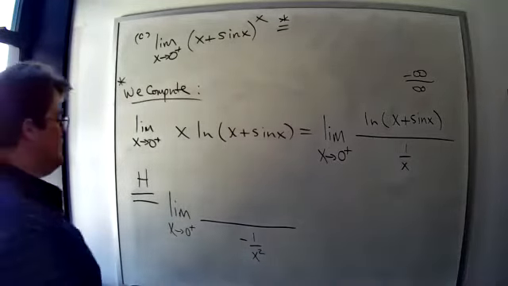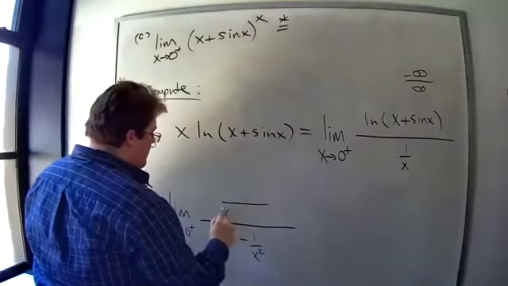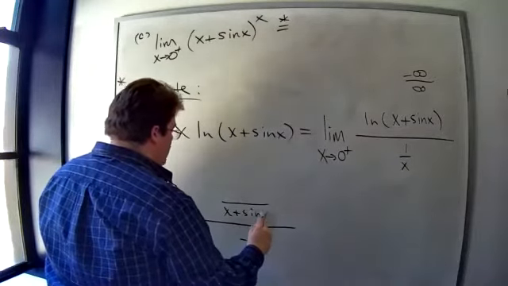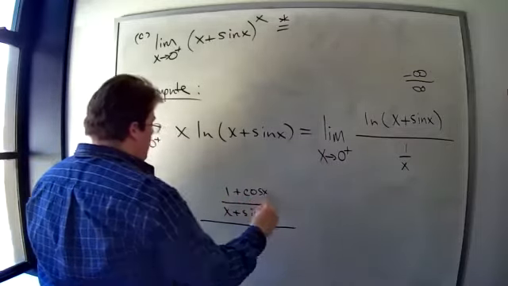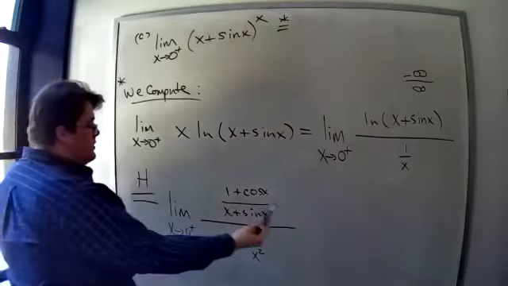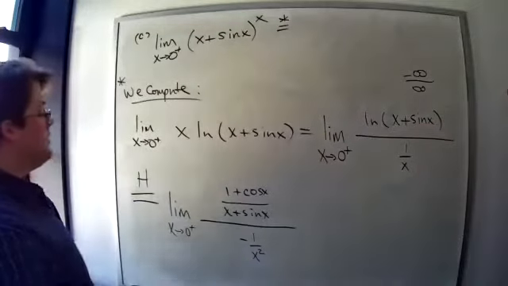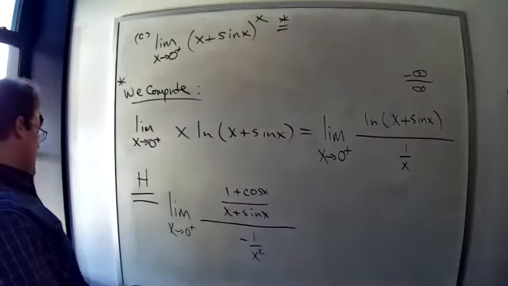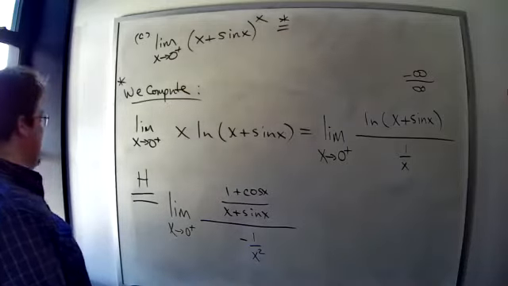Remember, the derivative of a logarithm is 1 over the inside times the derivative of the inside. The derivative of the inside is 1 plus cosine x. So we get 1 plus cosine x over x plus sine x in the top, and then negative 1 over x squared in the bottom.